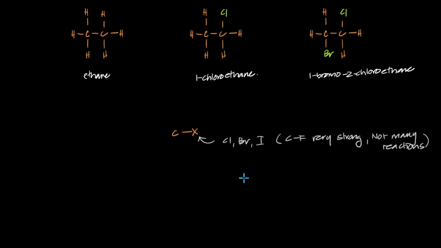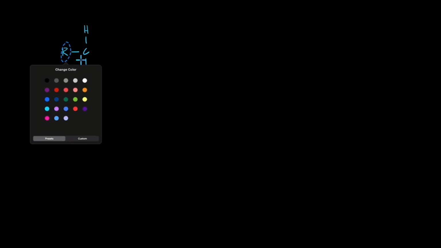Now, what that means is that if I have the C-X bond, for example, R on a carbon with two H's, and let's call the R group green, and you have the halogen as X. The carbon that has a halogen bonded to it, if it has one R group, is referred to as a primary halogenoalkane.